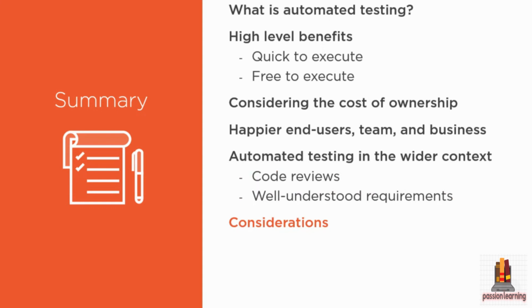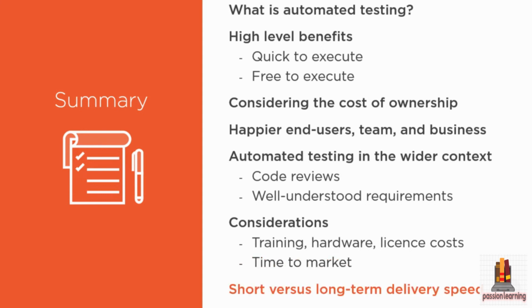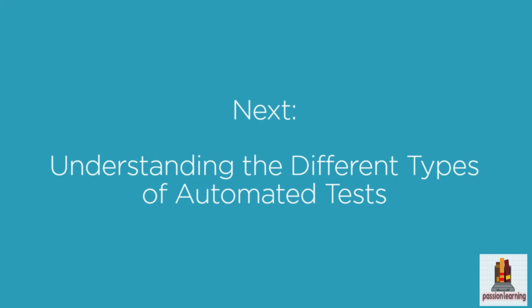We learned about some of the considerations that we might want to bear in mind when using automated tests, such as any training, hardware or license costs, and also how much of a business driver time to market is. For example, are we going to optimize for short-term delivery speed or try and optimize for a more predictable long-term delivery speed? Join me in the next module when we'll begin to get an understanding of the different types of automated tests we can create and how these different types of tests fit together in an overall testing portfolio.